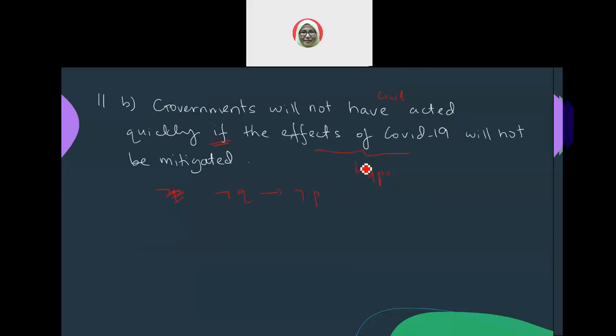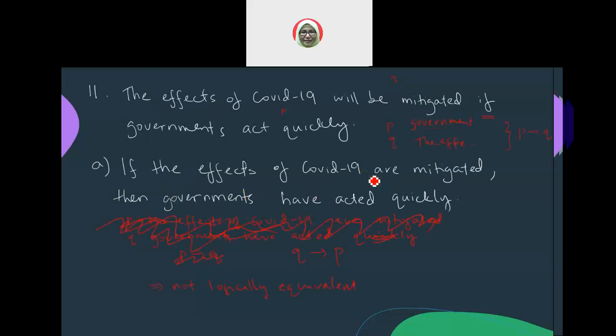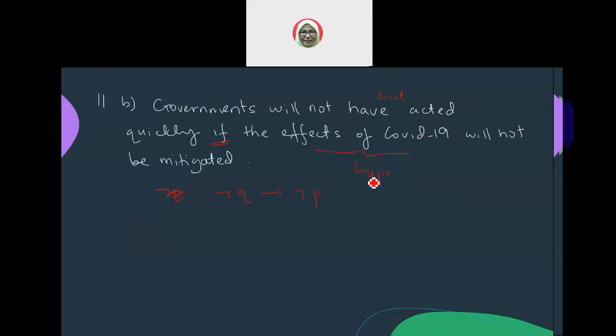So this statement in symbolic form is not Q implies not P. This is the contrapositive of the given statement. Therefore, B is logically equivalent to the given statement.